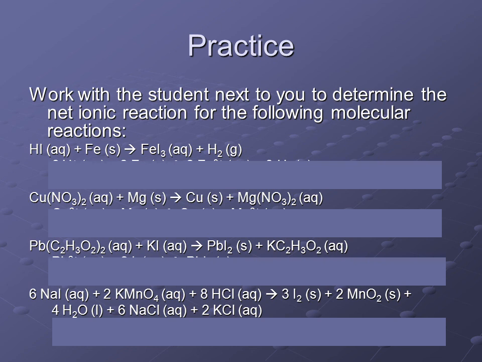I know you Bosco Tech students are trying to stall and just push the forward button and do whatever you can to not do the practice, but as with everything in AP Chemistry, practice really helps. So, pause the video for a second, take a few seconds to try to work out the net ionic reactions for each of these.